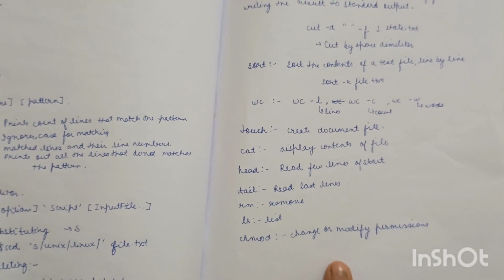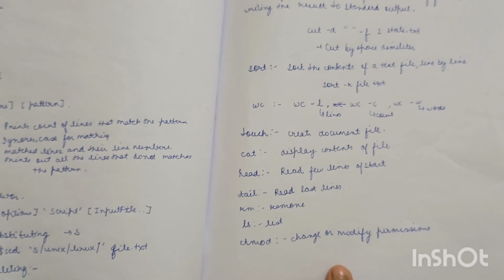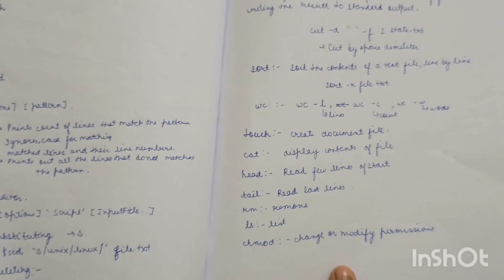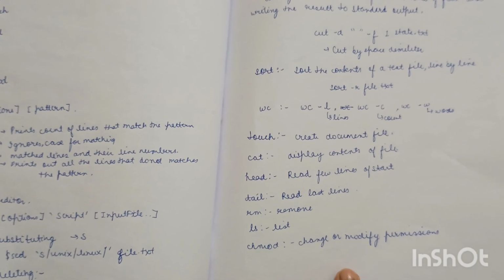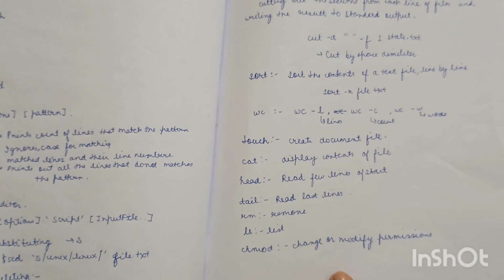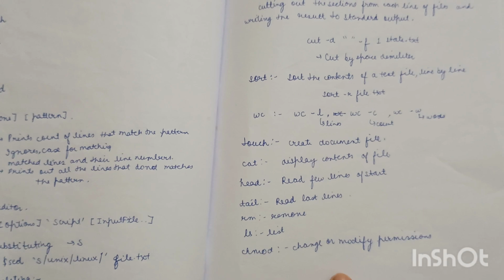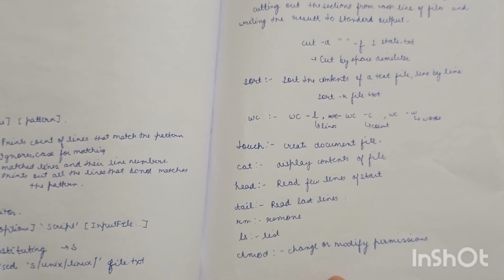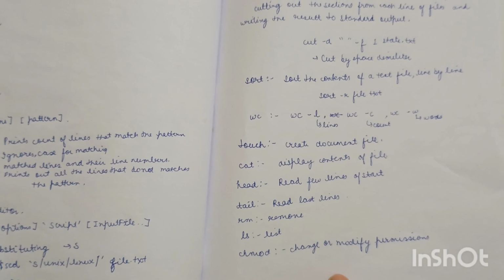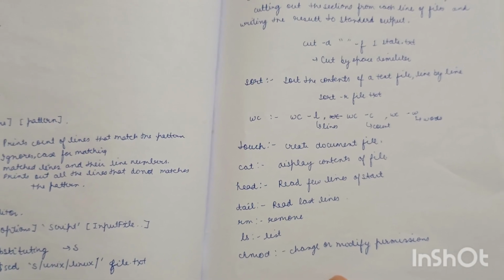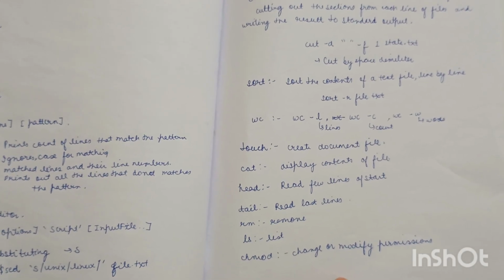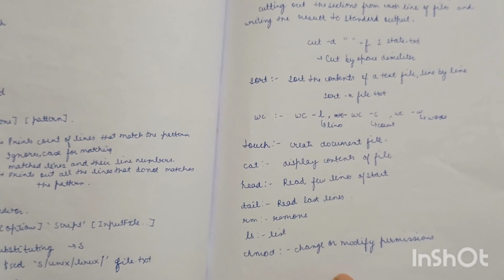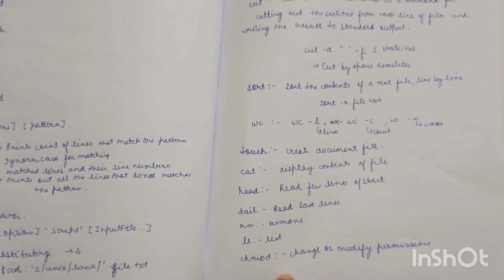So every directory and every file that we create is created with default permissions. We have three types of users: we assign permissions to the user, then the group, and then others. We can give read, write, execute access to our user, our group, or others, and accordingly we can change it using chmod.